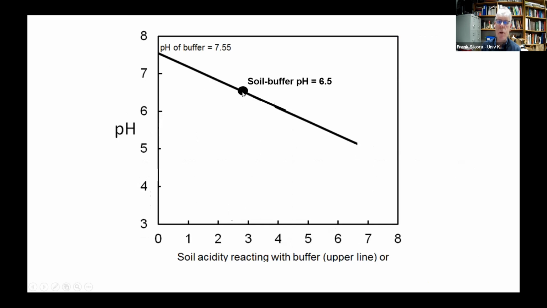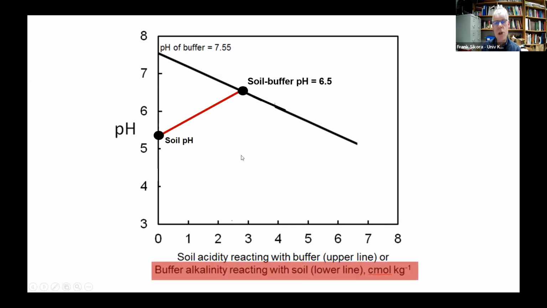You have a certain soil buffer pH that you might get from adding the buffer to the soil, and here it's a soil buffer pH of 6.5. So it would take so much acid to decrease the pH of the buffer from 7.5 to 6.5.